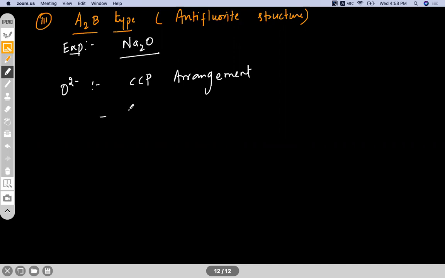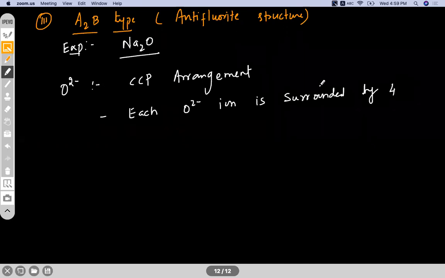And each O2- ion is surrounded by, sorry, eight Na+ ions.